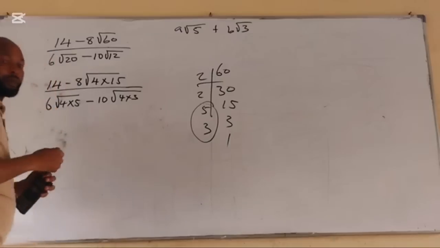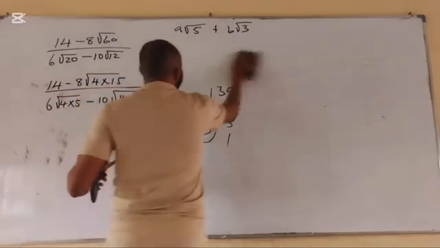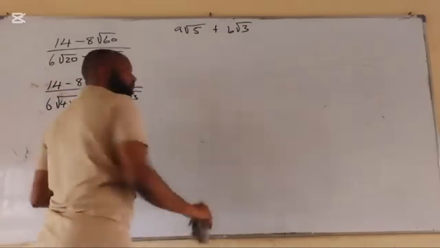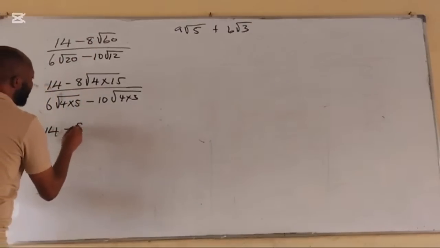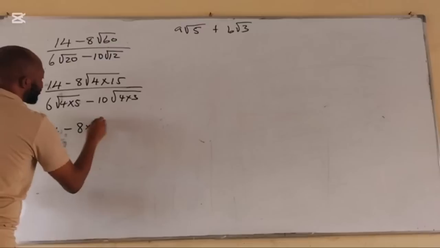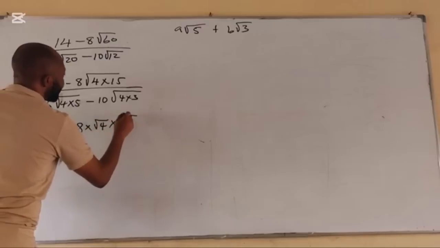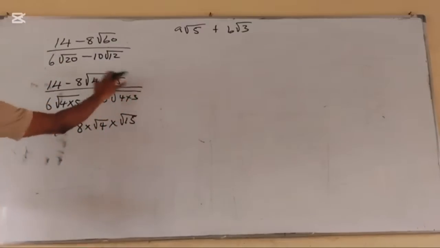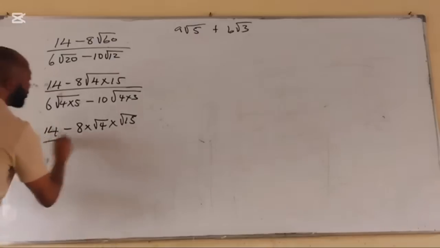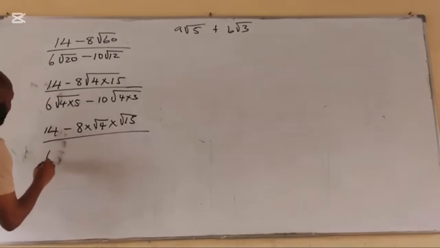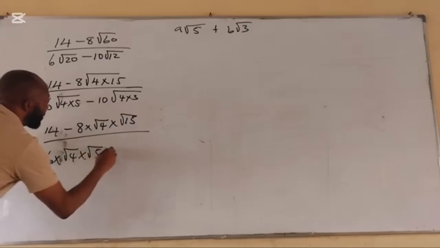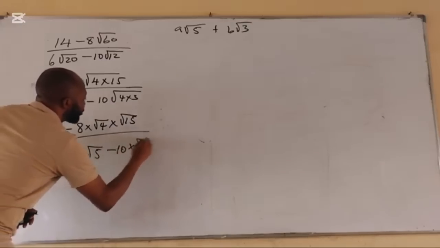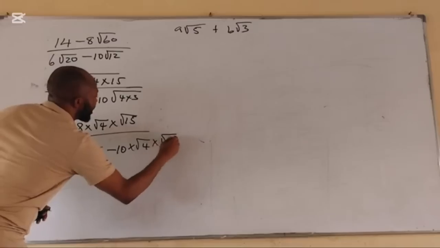So let's continue with our simplification first and see what we get. Here is 14 minus 8 times root 4 times root 15. Remember that, we have explained that earlier. Over, here is 6 times root 4 times root 5 minus 10 times root 4 times root 3.